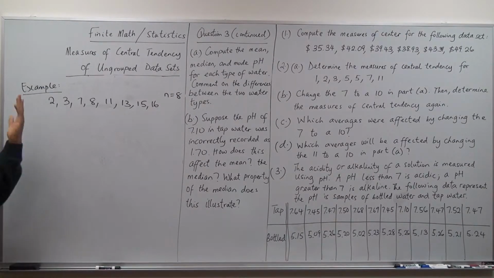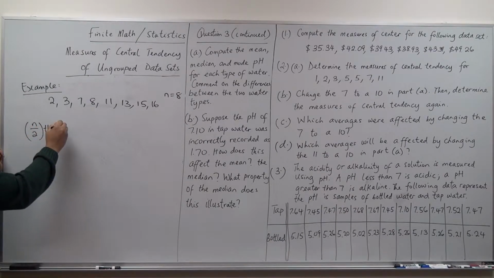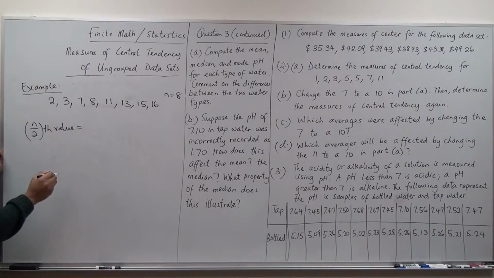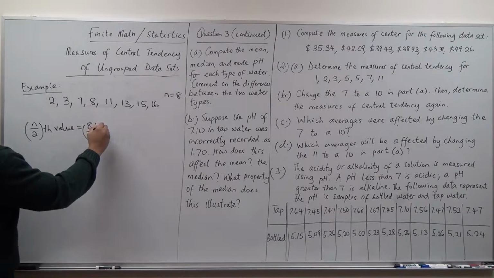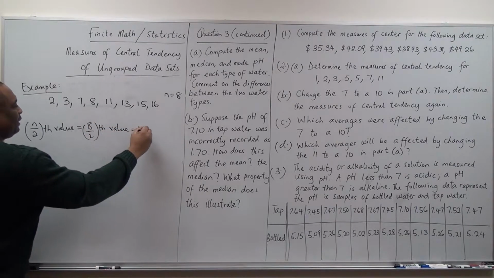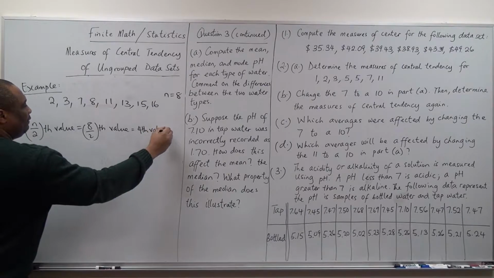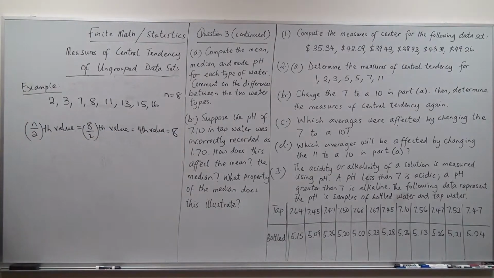But like I said earlier, what if the data set is big? Okay, so let's now find the n over 2 value. The 8 over 2 value. That is the fourth value. The fourth value is 1, 2, 3, 4. It is 8.